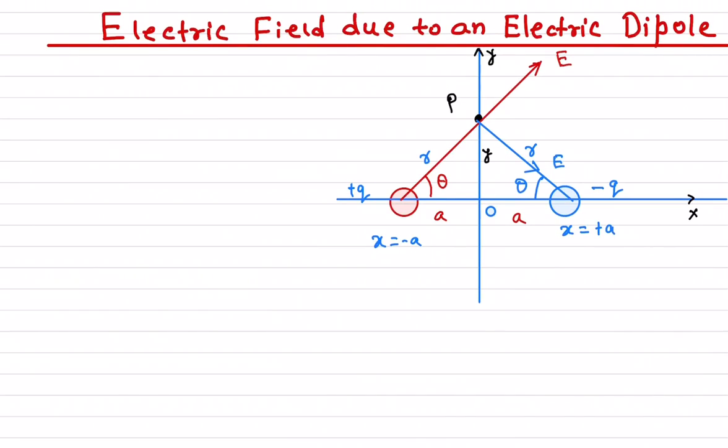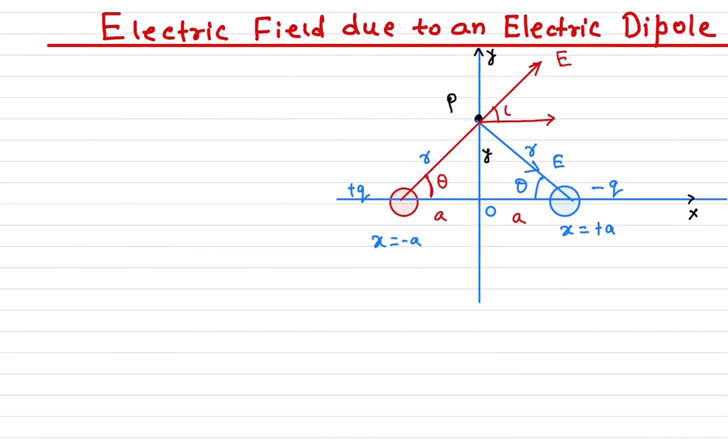So now we're going to resolve the electric field into two components. First let's resolve this electric field here. This electric field can be resolved into two components, one along the x-axis.